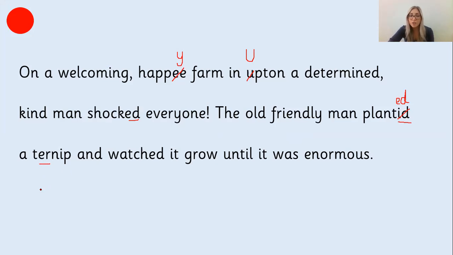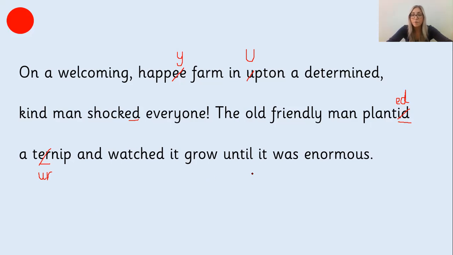Which one was I meant to use? Shouting out at me? Oh, thank you, everybody. I was meant to use nurse with a purse, so I need to write it like this. It's a U and an R, isn't it? A turnip, and watched it grow until it was enormous.